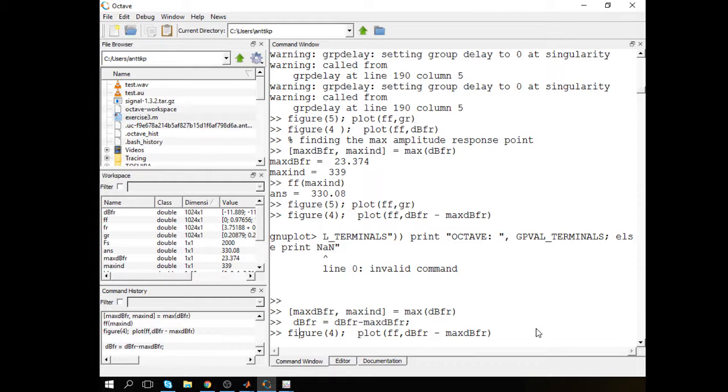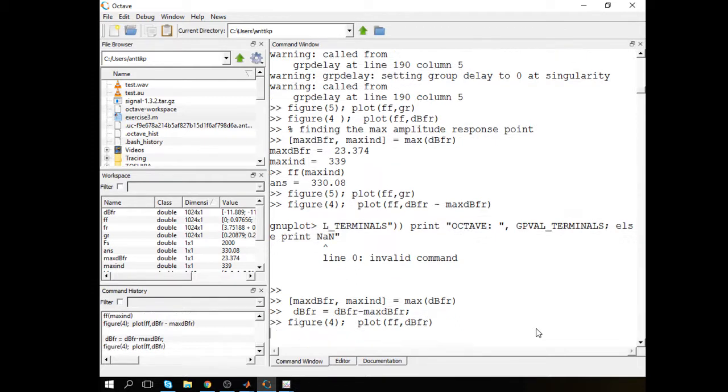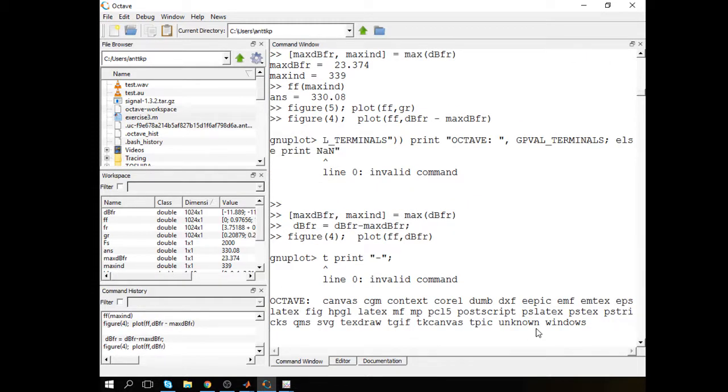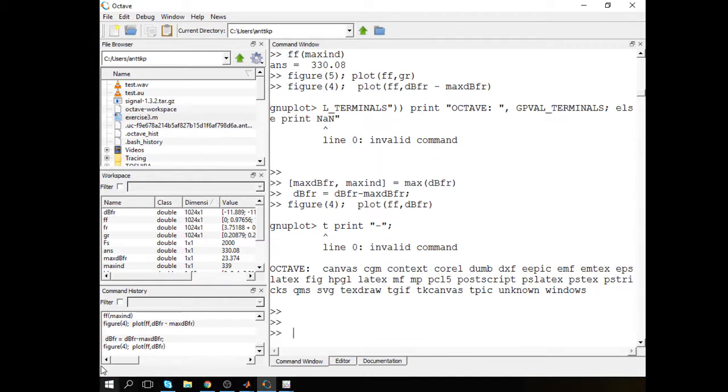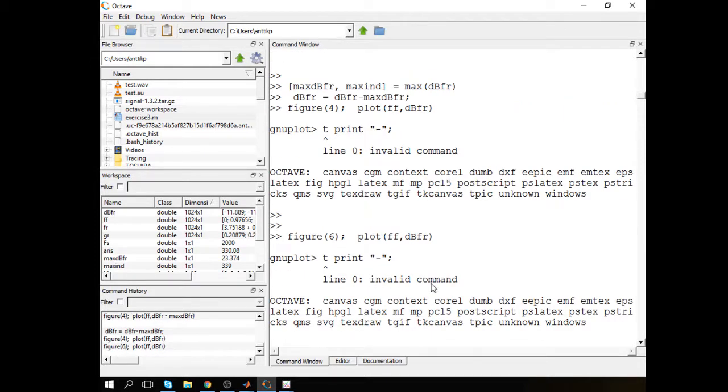Then I should have this figure 4 again. No, what the hell is going on here again? This is so frustrating. Does it give me permission to plot anywhere? New figure. No, it doesn't plot me anything anymore.